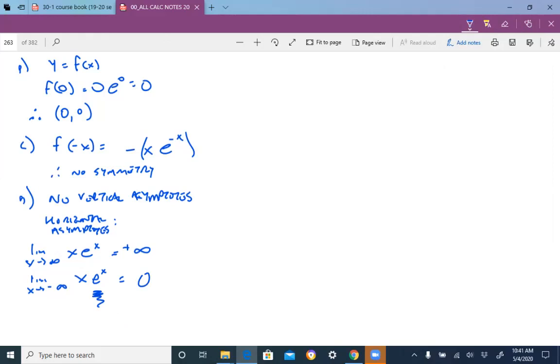E to the x goes to 0 much faster than x is going to negative infinity. That's the reasoning we have to use at this point, either reasoning like that or numerical analysis. When you get into calculus in university, they'll show you something called L'Hopital's rule.